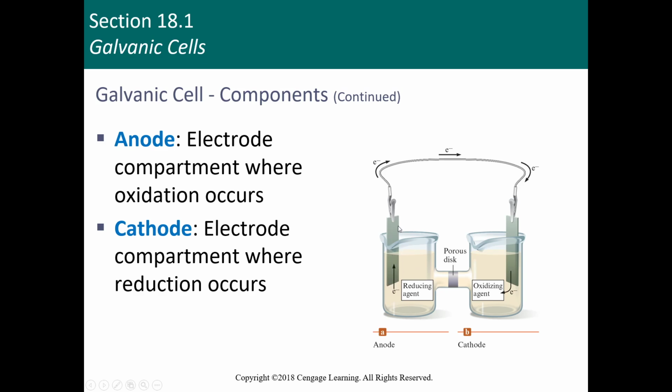And your cathode is where you gain electrons. And so here you're going to have positively charged things typically gaining electrons over at your cathode. One of the ways you can help yourself remember this is at your anode, anions lose electrons. At your cathode, cations gain electrons. That's one of the easier ways to try to remember these.